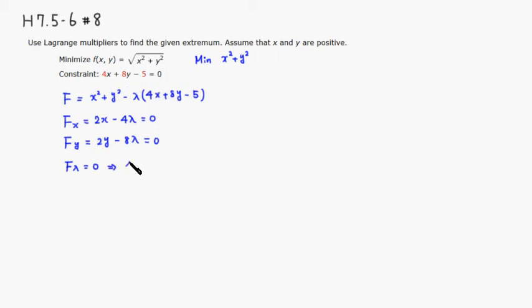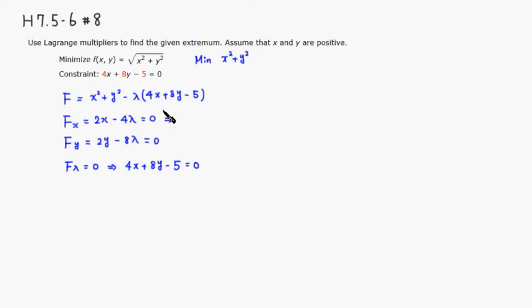So this is 4x plus 8y minus 5 equals 0. So let's solve for lambda. I'm going to solve this first equation for lambda.